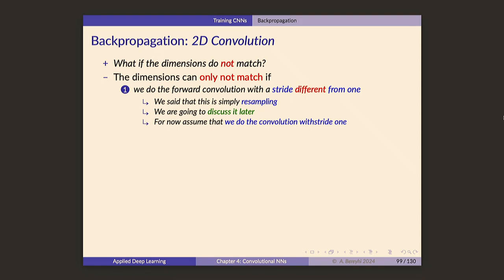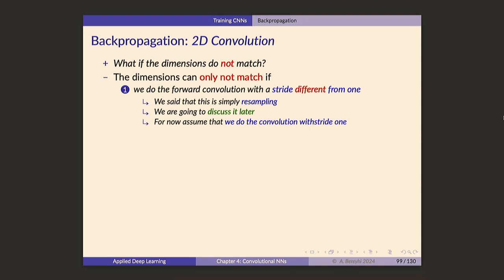You remember that if I'm doing any convolution with the stride, for example, 2, it simply means that I do this convolution and then I put something after it. What was it? Downsampling operation, right? So I can do a downsampling operation after stride 1. So for the moment, don't confuse yourself. Assume that I'm doing it with stride 1, okay? That's fine. I'm going to talk about stride different than 1 later.